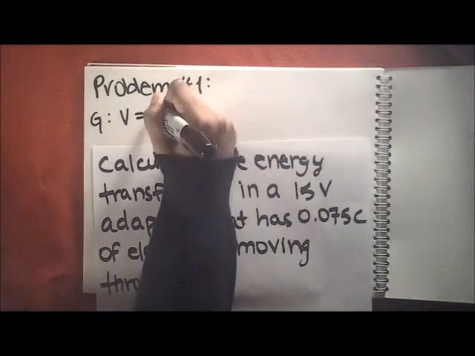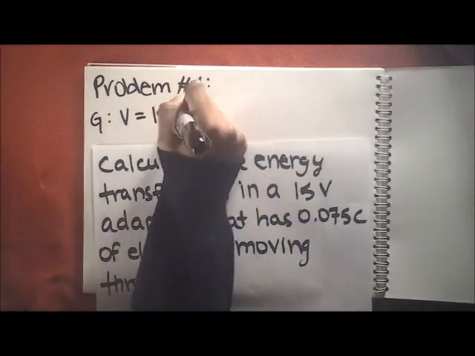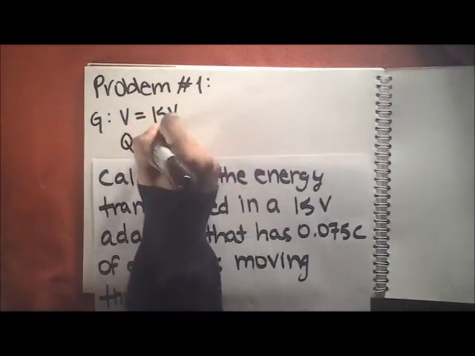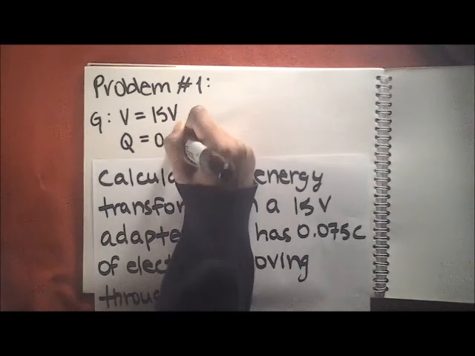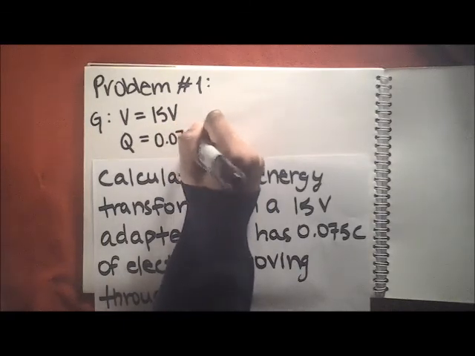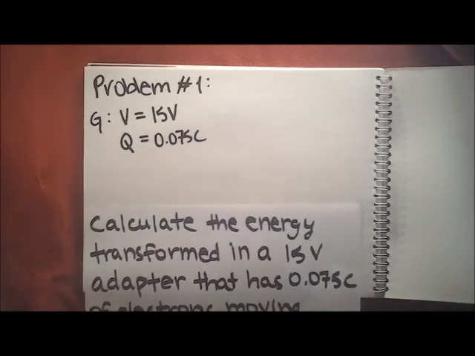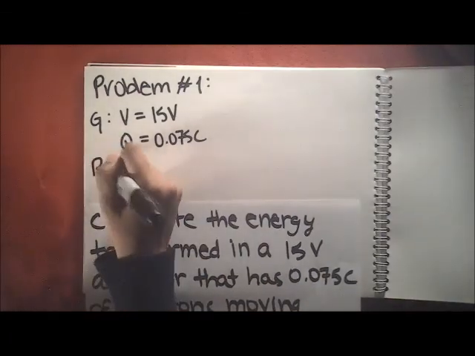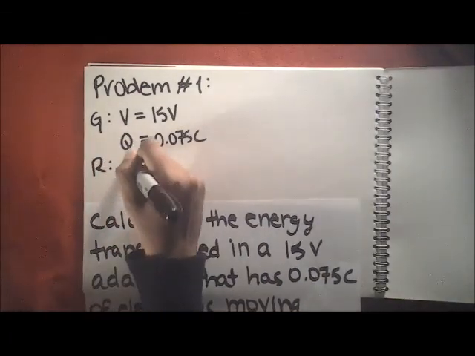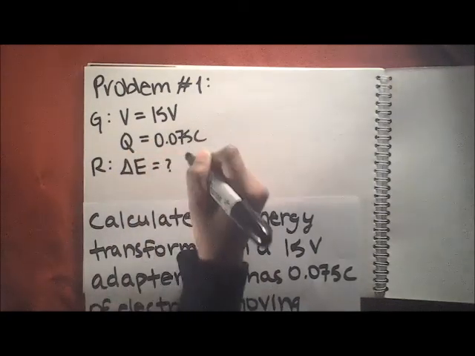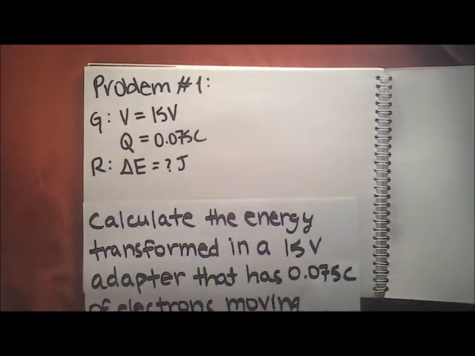In this problem, we can see that the voltage is given at 15 volts or joules per coulombs, as well as the charge at 0.075 coulombs. Next, we write what is required, which in this problem is delta E, measured in joules.